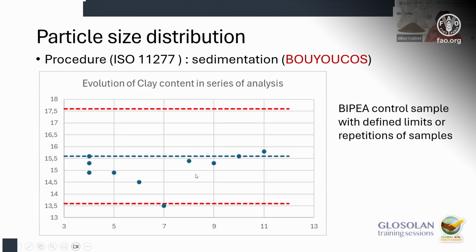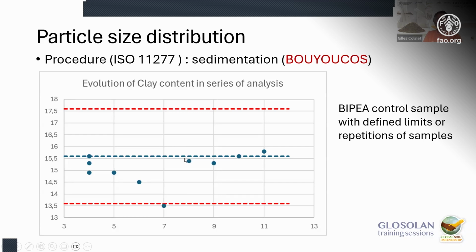And so that's what we had recently. You see that some of the samples were a bit lower than the target value. One was really at the limit of the red lines. We checked with repetitions, and we didn't see why it was so low.